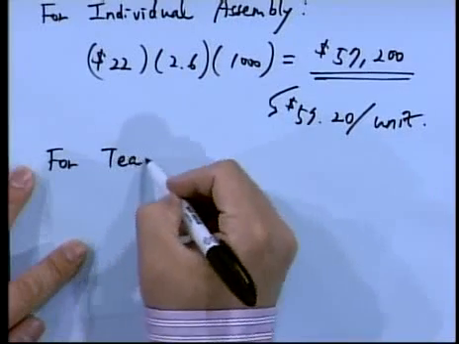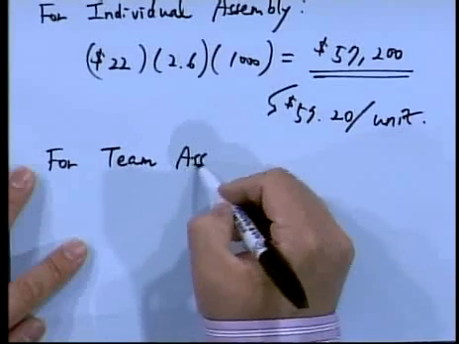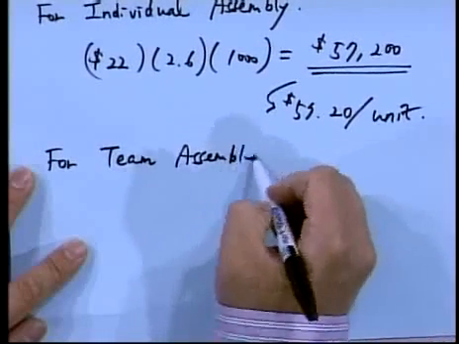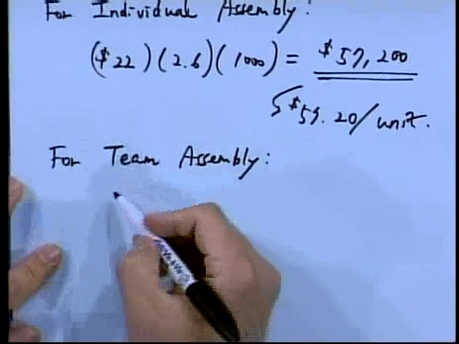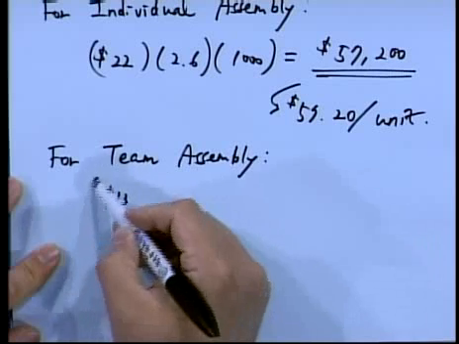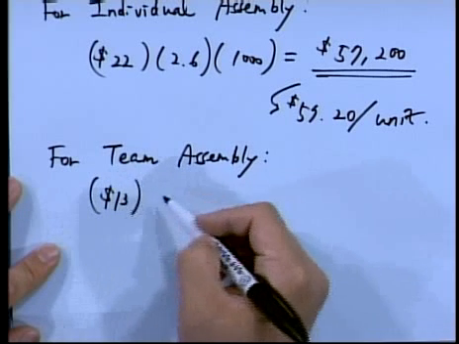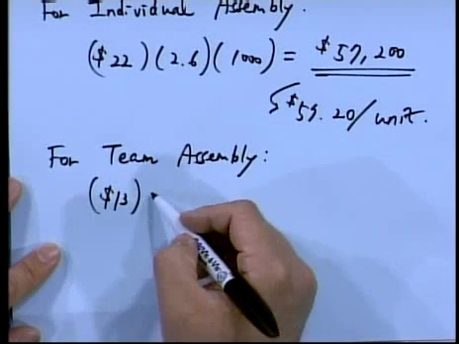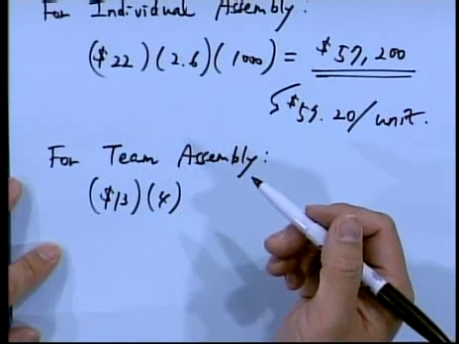For the second method, the team assembly plan, we need to pay $13 per hour for each of 4 less skilled workers. So you need to multiply by 4 because there are 4 workers in this team.